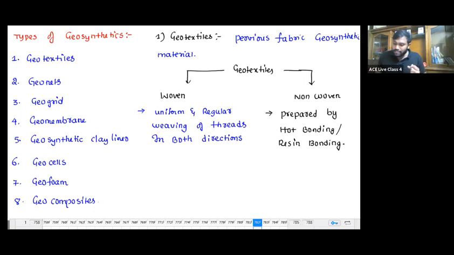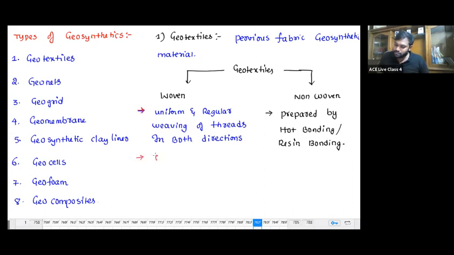So in the case of woven, there is uniform and regular weaving of threads in both directions. In the case of non-woven, they are prepared by means of hot bonding or resin bonding. In the case of the woven, you can see the visible pattern of the threads. In the case of non-woven, you cannot observe the visible pattern of the threads.